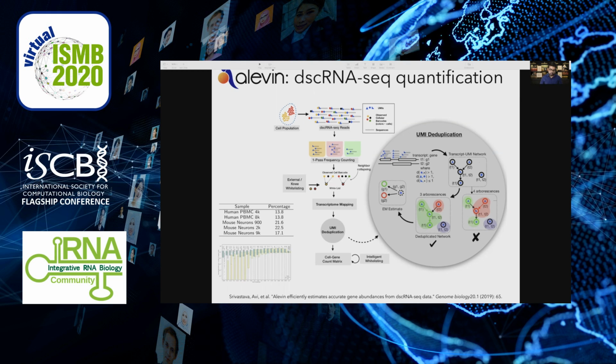We perform cellular barcode sequence correction, we perform transcriptome mapping, we perform UMI deduplication, and generate the cell versus gene count matrix. One important point to mention here is that the UMI deduplication step involves a parsimony-based condition where we resolve pre-PCR molecules into a group to calculate the gene versus cell count matrix.